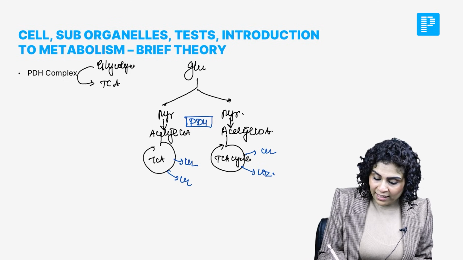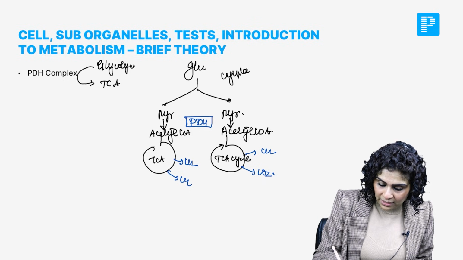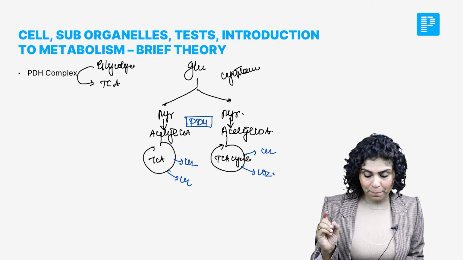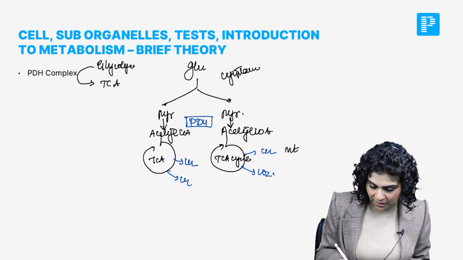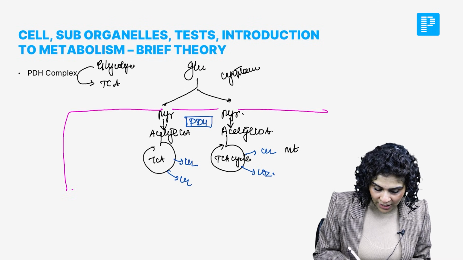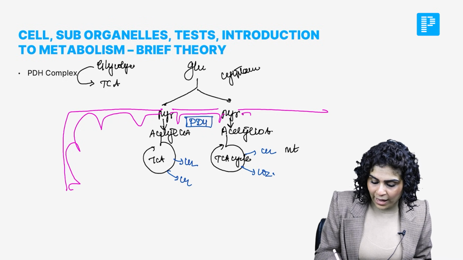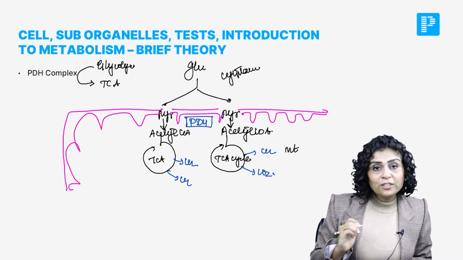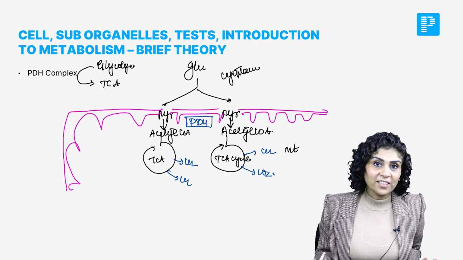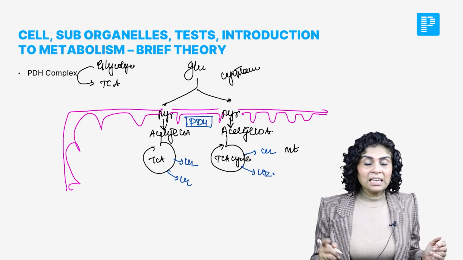Okay. Now, where does glycolysis happen? We already discussed glycolysis happens in cytoplasm. Where does citric acid cycle happen? Citric acid cycle happens in mitochondria. When I say citric acid cycle happens in mitochondria, logically, where should pyruvate dehydrogenase complex be present? That should also be present in mitochondria. So, do you understand the compartmentalization?